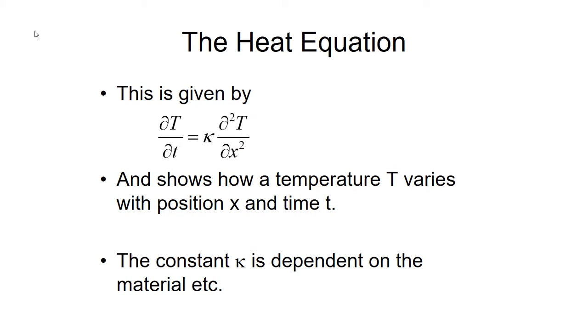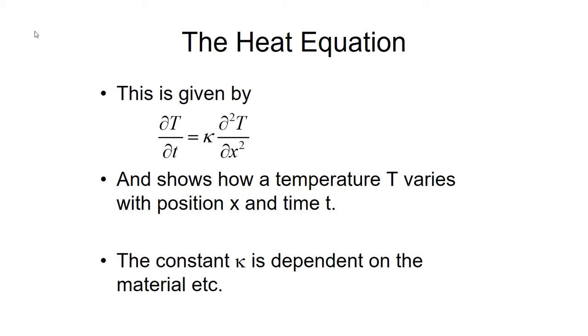What this means is if at a particular point a particle is hotter than its surroundings, the second derivative will be negative, and this particle will cool by giving heat to its neighbours, whereas if the particle is cooler than its neighbours, the second derivative will be positive, and the particle will gain heat from its neighbours, and the temperature will increase.